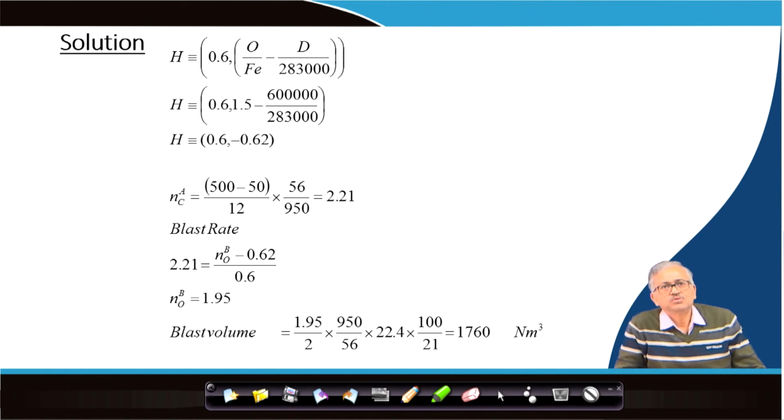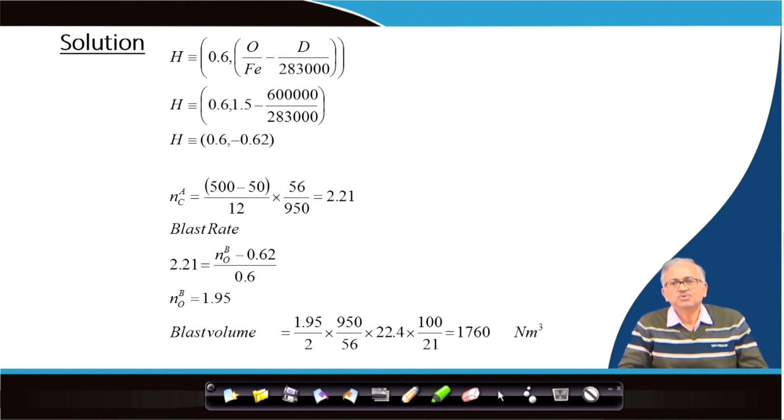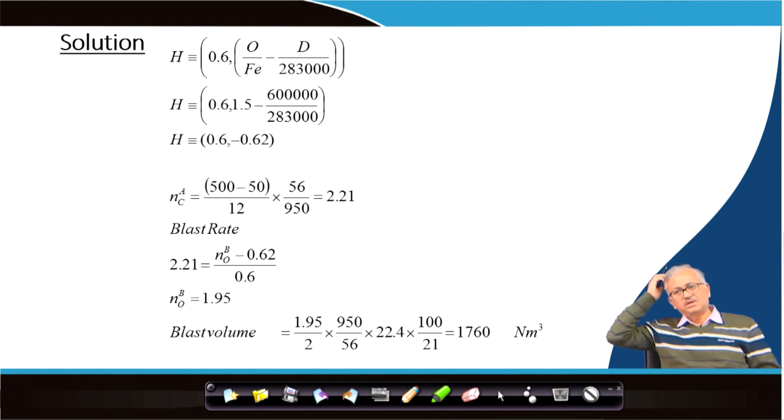And the coke rate you also know, because the carbon rate is 500 kg, out of which 50 kg goes to the hot metal, because hot metal contains 5% carbon, which is equivalent to 50 kg per ton of iron. So if you subtract it, then 450 divided by 12 is the kg mole of carbon per gram atom. NCA means per gram atom of iron produced, and how many gram atoms of iron are you producing per ton of iron? It is 950 by 56.